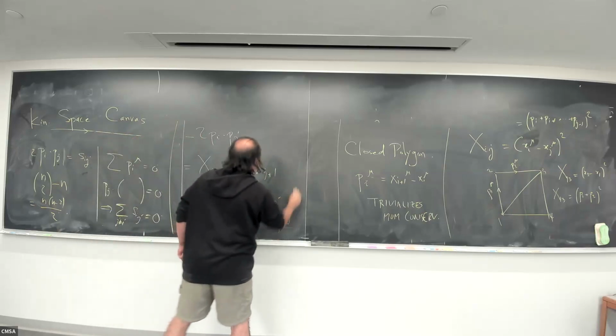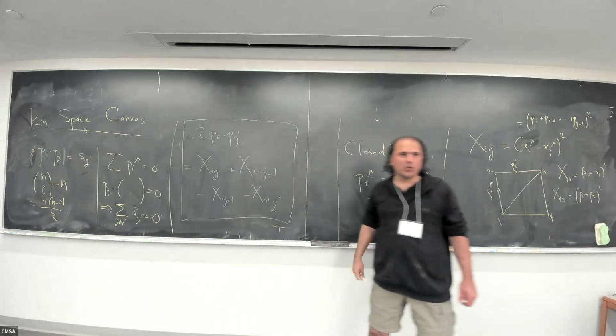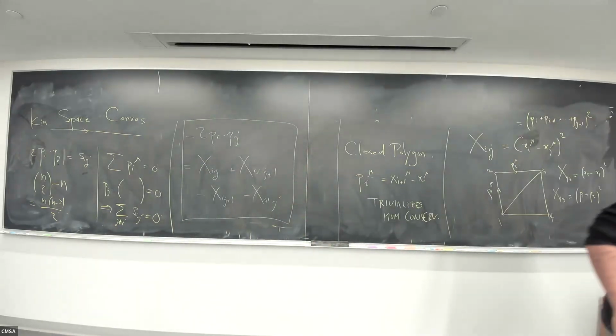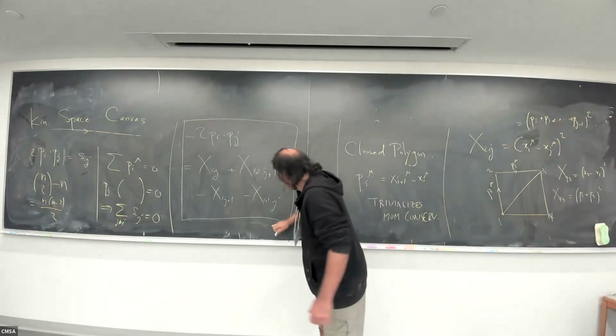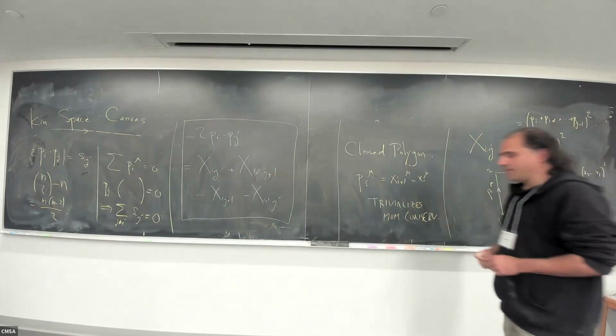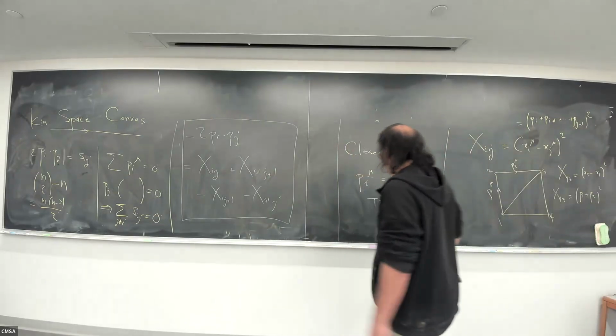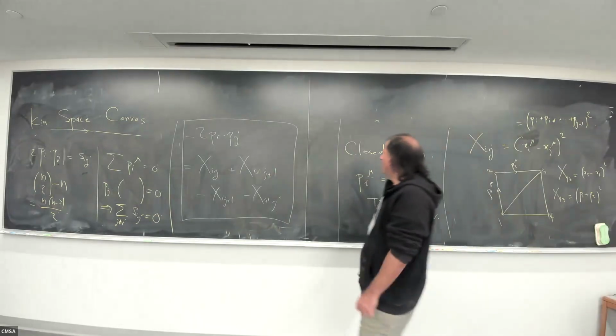So this tells you how to go back and forth between the obvious elements of the basis and these cooler ones that are associated with the lengths in the polygon. Okay, it's a very simple exercise. We can talk about how to do it in the exercise session if you haven't figured it out.